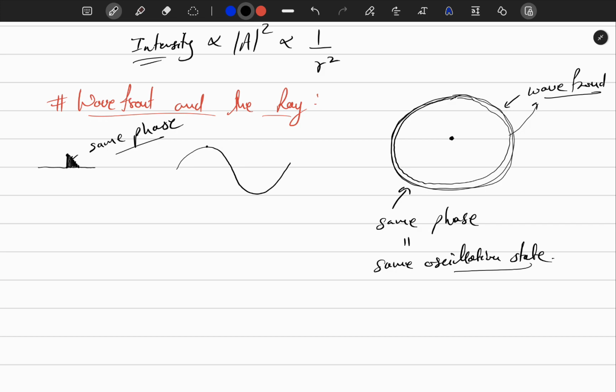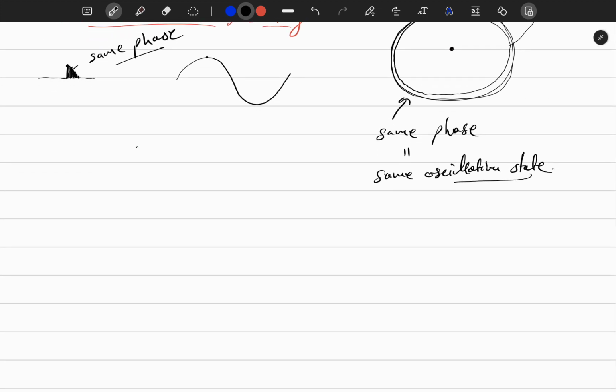When we make a surface which passes through these points and completely surrounds the source, this is called the wave surface. For example, consider a 3D example of a wave, a point source of light. It will emit spherical waves.